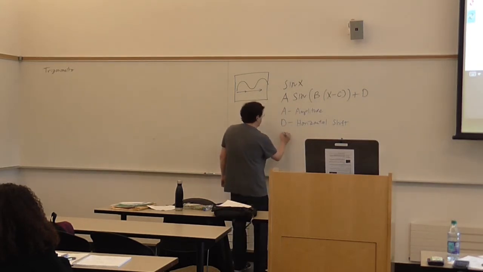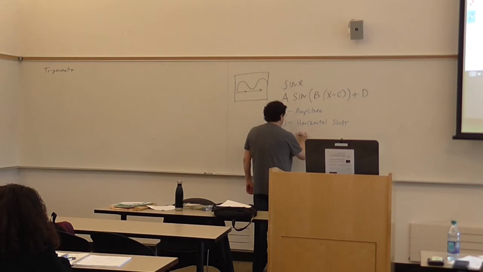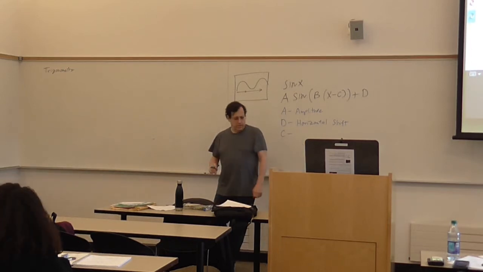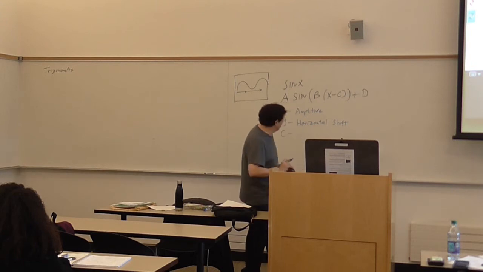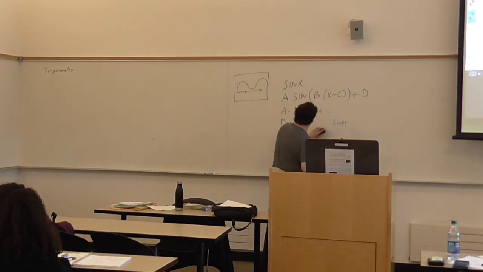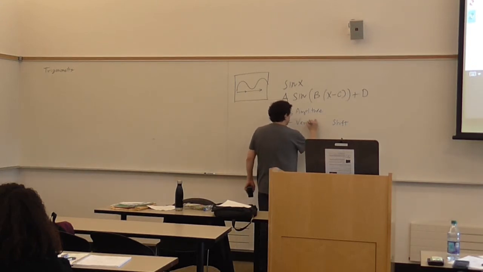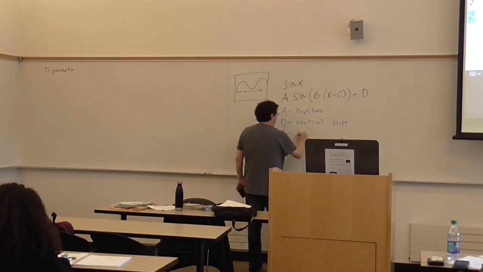So C value is... I expect you to notice when I'm brain dead up here. This is vertical, right? Horizontal.